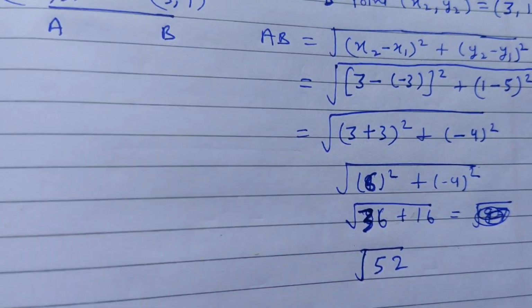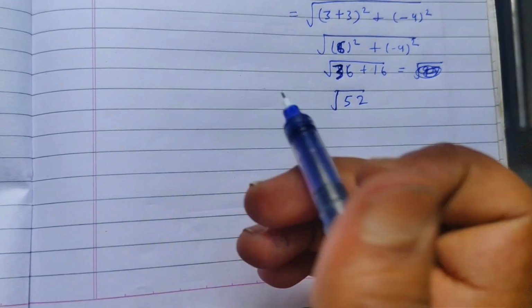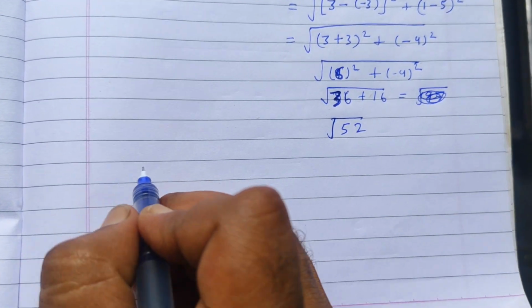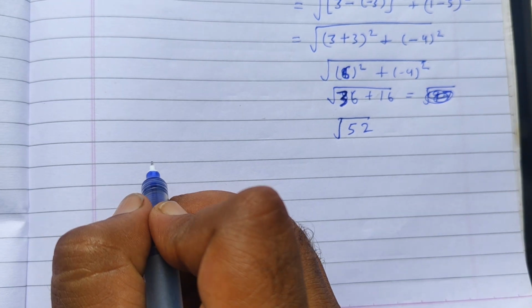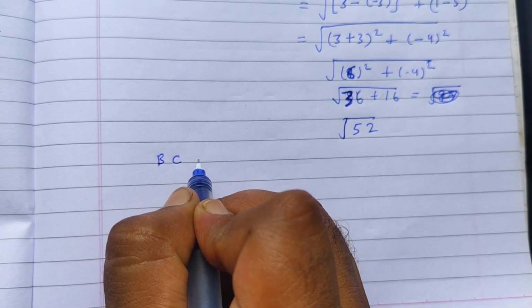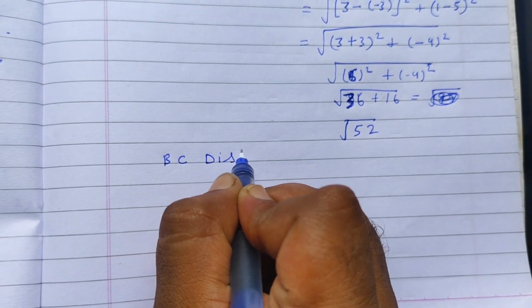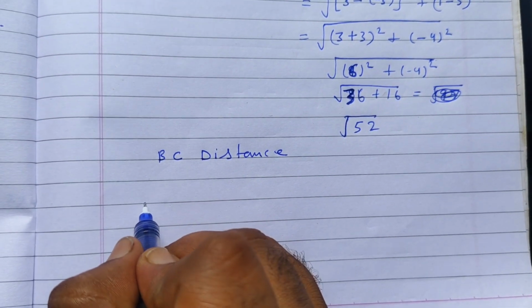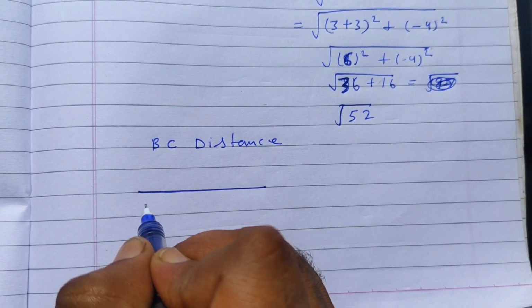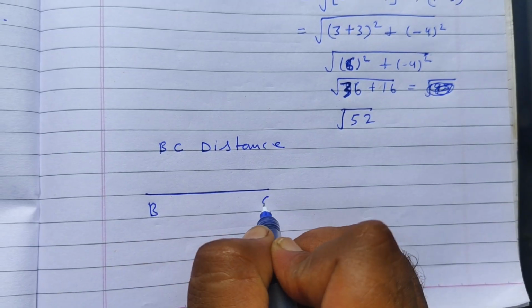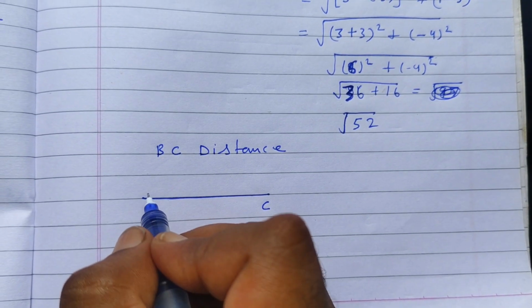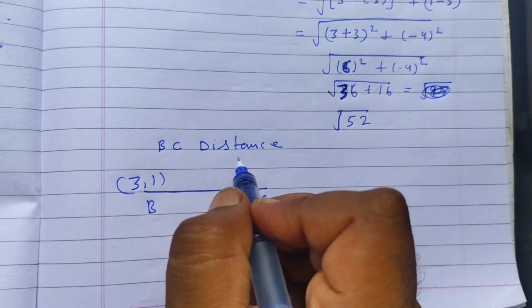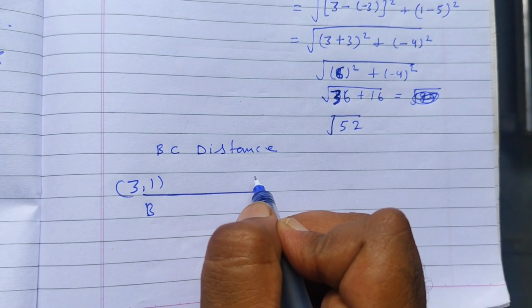Second side, BC distance. B and C are (3, 1) and (0, 3).